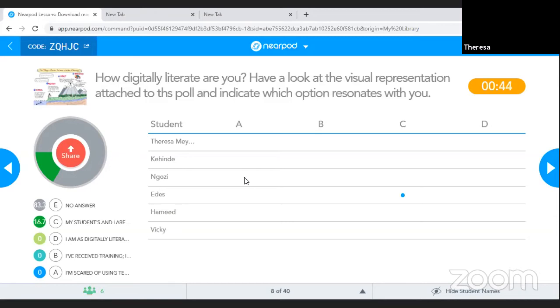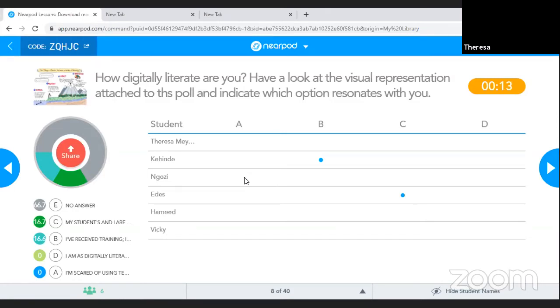If you are at D, you are saying, I am as digitally literate as I am in pedagogy and subject knowledge, which means you're very confident about where you are. You're also saying that you are at the stage where you are creating content and sharing this content across the internet. Once you have selected, please make sure that you submit so that we can see where we are at.